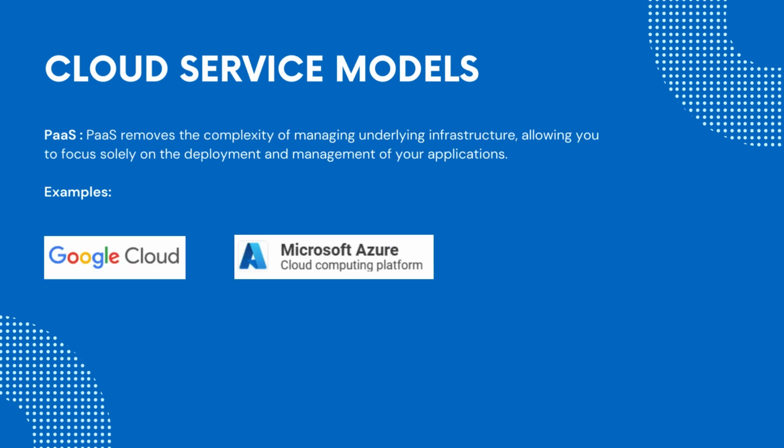Now, moving on to the second level, which would be your platform as a service. So, now platform as a service removes the complexity of managing the underlying infrastructure, allowing you to focus solely on the deployment and management of your applications, right? So, what does this mean? This means that you can build applications without having to worry about what operating systems they are going to run on, or what infrastructure you should have to ensure that your applications function.